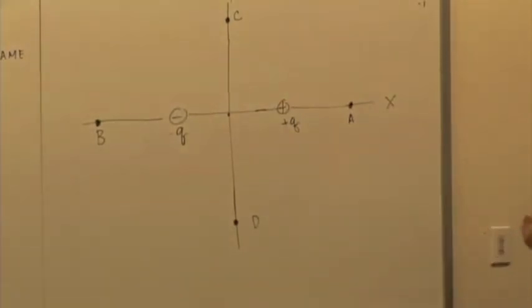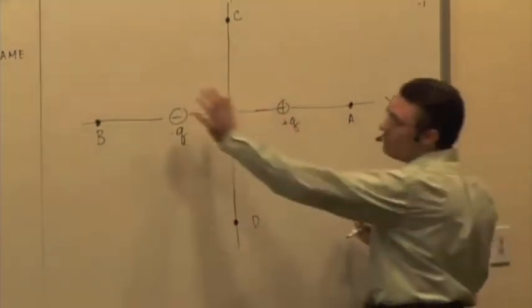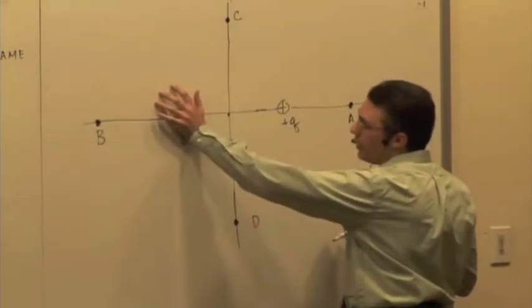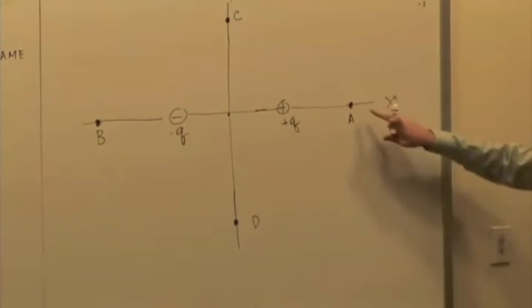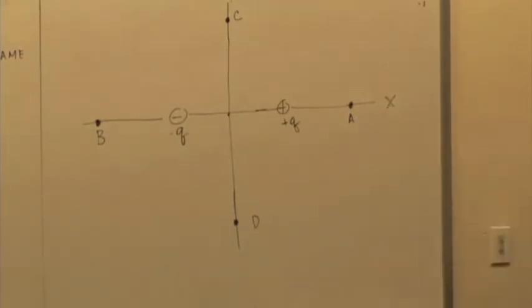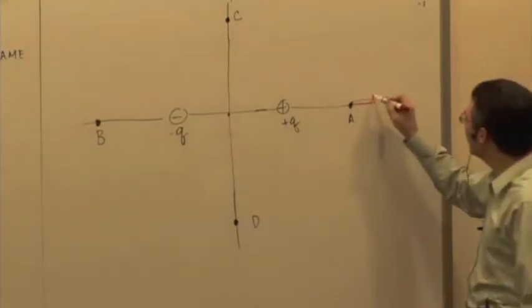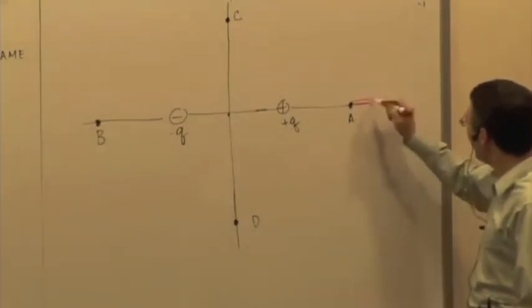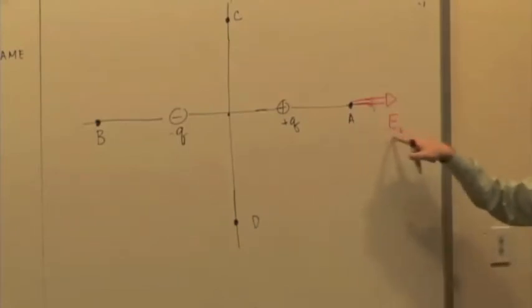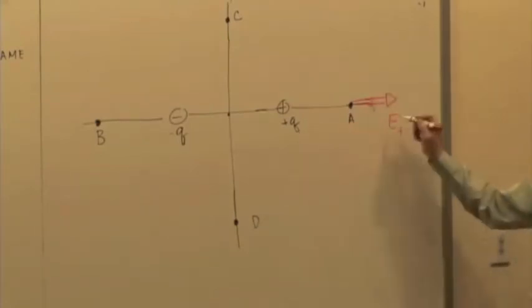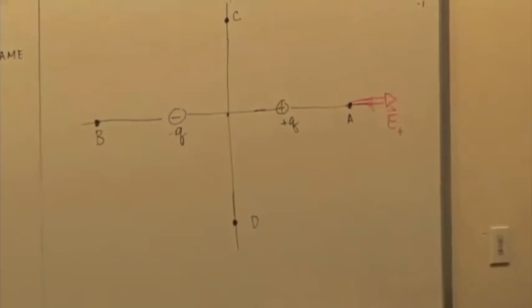So location A, I ignore the negative charge for right now and just think about the direction of the field due to the positive charge. That's going to be pointing what direction? Everybody? That way. Okay. So I'll call that E sub plus to indicate that's the electric field due to the positive charge. Okay. What about the field due to the negative charge?